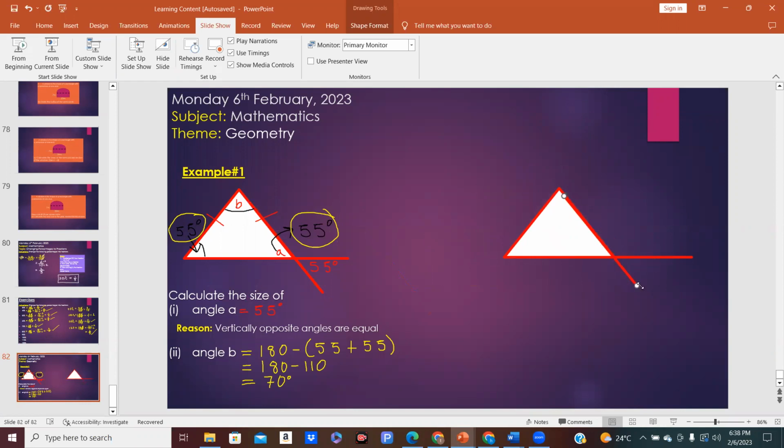Let's extend that some more. All right, we are still dealing with an isosceles triangle, so let's draw that in.